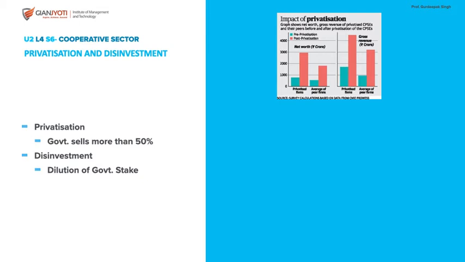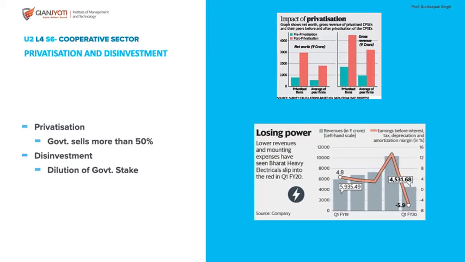That means because of the efficiency and effectiveness with which the private sector uses the resources, the gross revenue and net worth go much higher. But there is always a social aspect which has to be looked at. So you have to keep a balance, and we'll talk through a case study about that also.